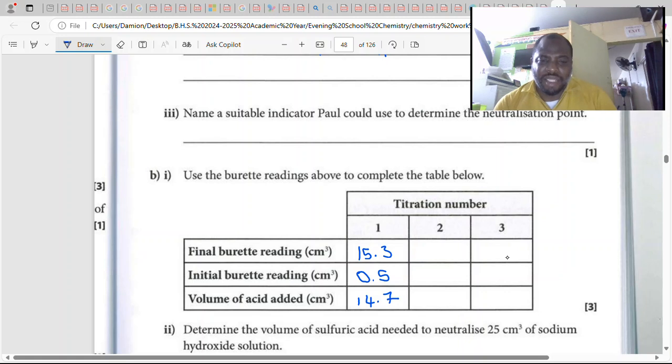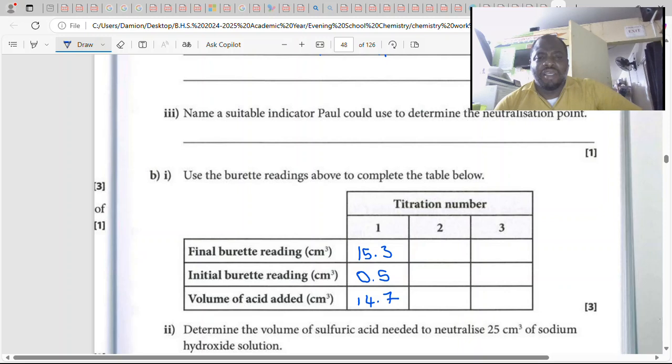The volume of acid used. So we want to find the volume of the acid used. So we take away the start point, and this is how we determine how much of the acid was used to neutralize the alkali, the sodium hydroxide.